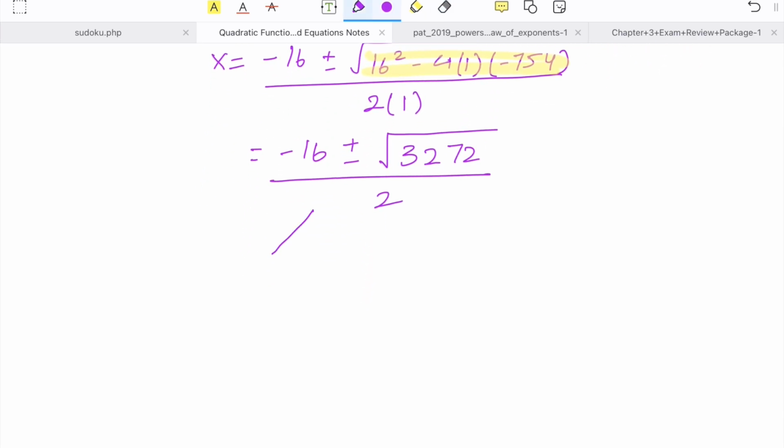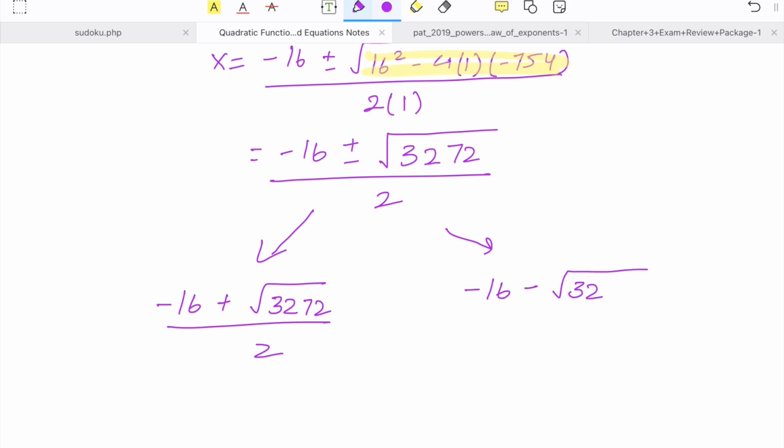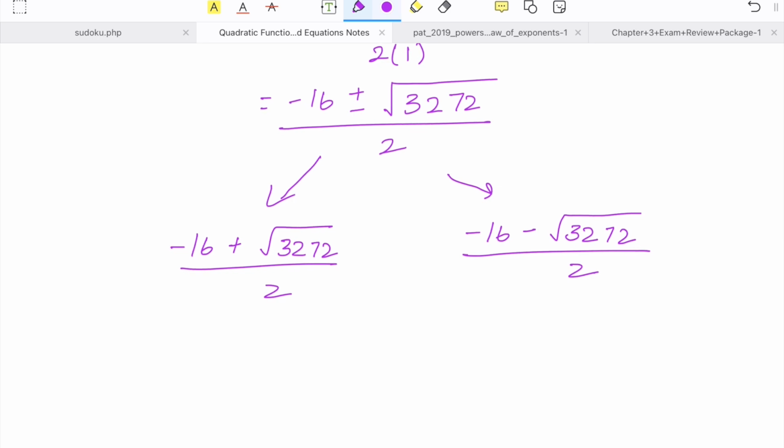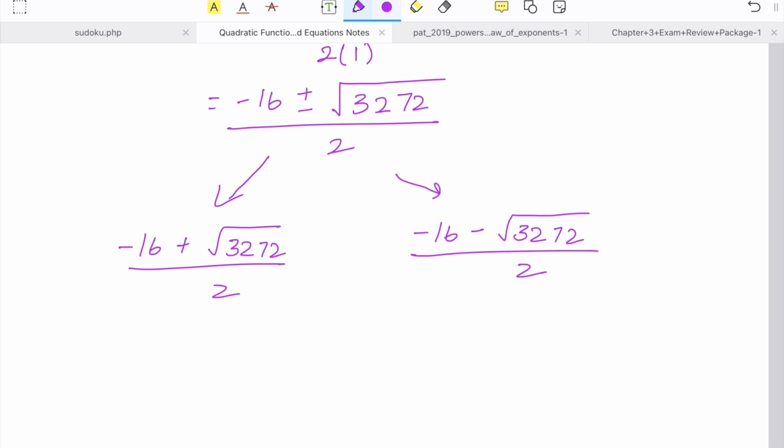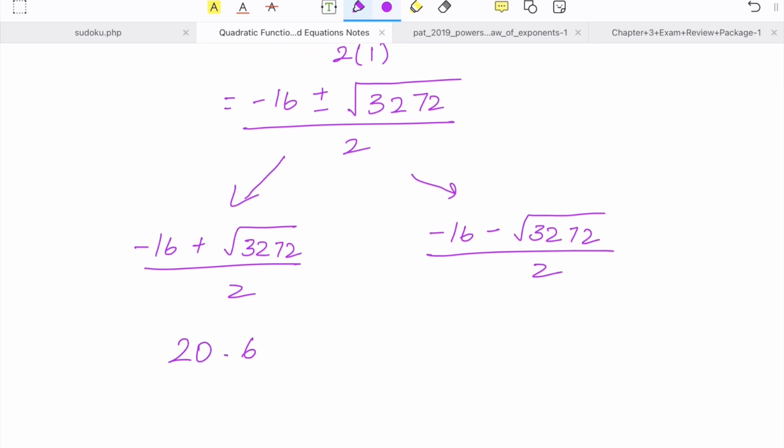So just remember, it'll be negative 16 plus root 3,272 over 2, or negative 16 minus root 3,272 over 2. Okay, then you put in the calculator, it'll be 20.6 inches or negative 36.6 inches.